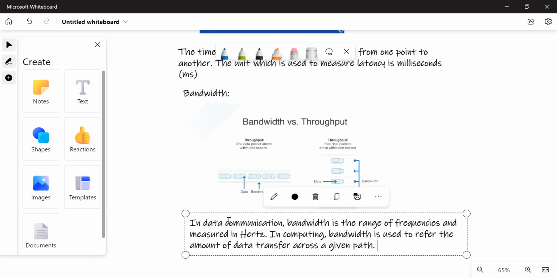Now, this is measured in BPS or bits per second, for example, in computing.